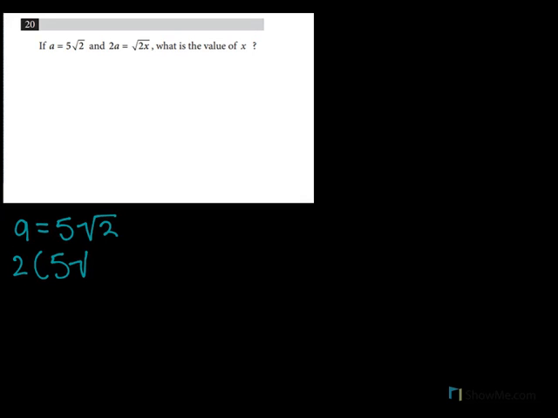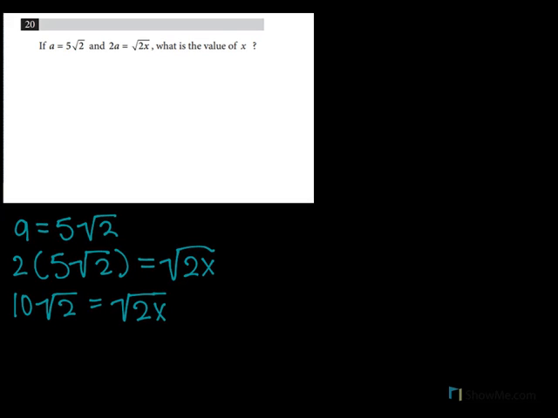So it would just be 2 times 5 rad 2 equals rad 2x, which would just be 10 rad 2 equals rad 2x after simplified. Next, we would square both sides, so we would get 10 rad 2 squared equals rad 2x squared.